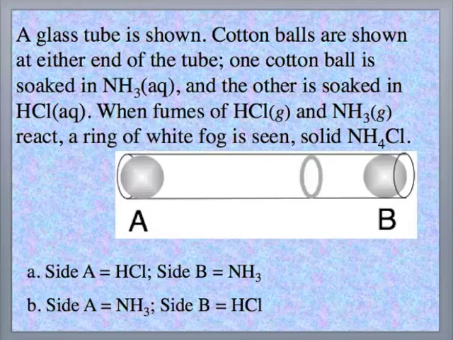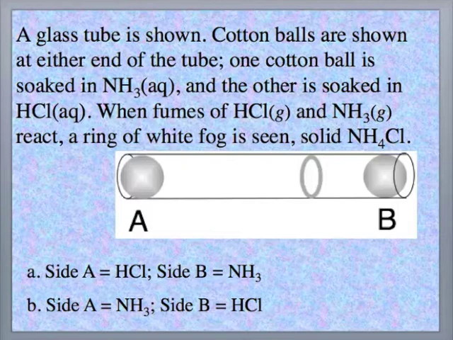And when the fumes commingle, there's a reaction as the substance ammonium chloride, NH4Cl, forms. That's a solid salt, not a gas. And what happens is that you get a white ring around the sides of the tube where these gases commingle.